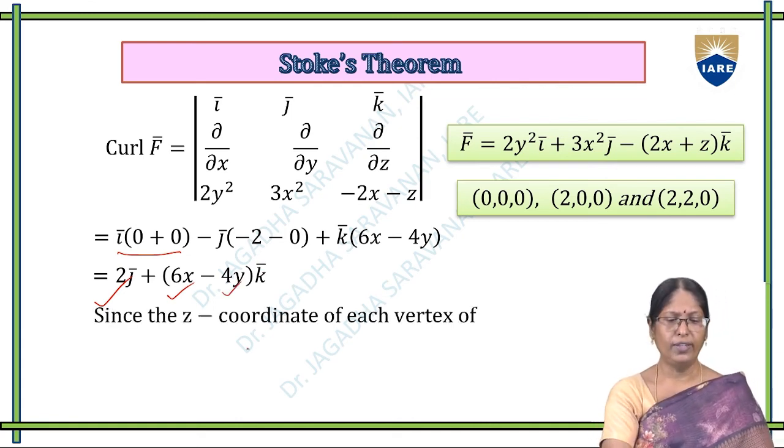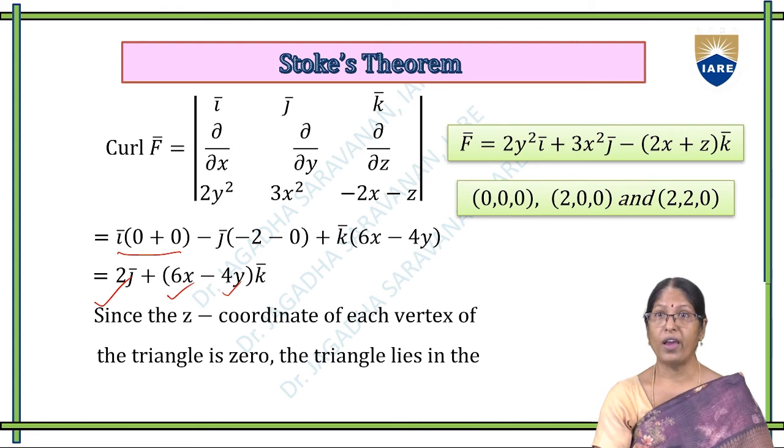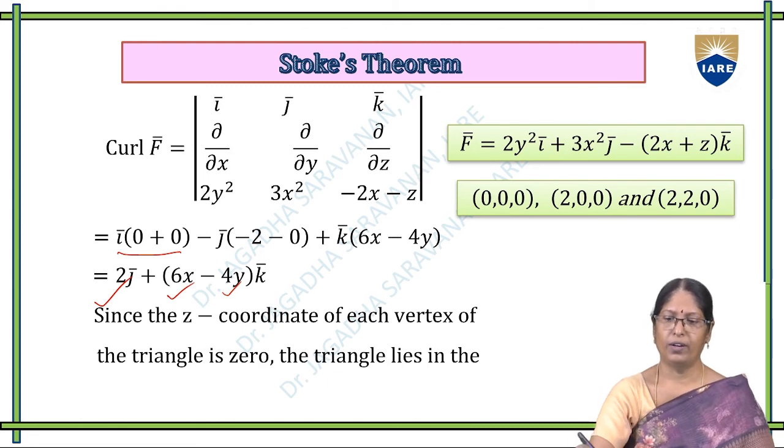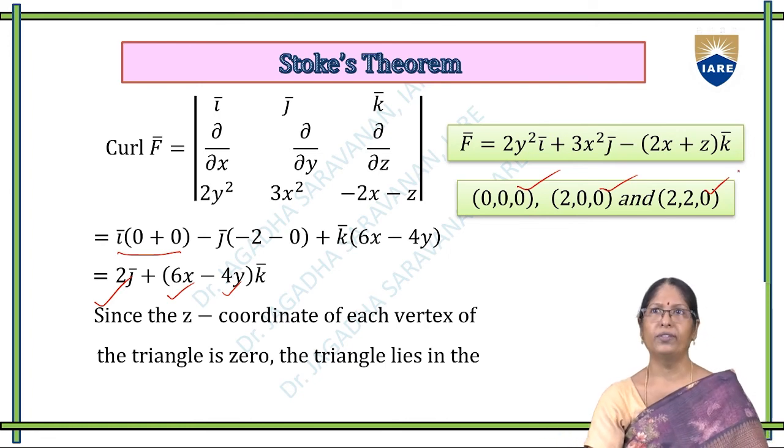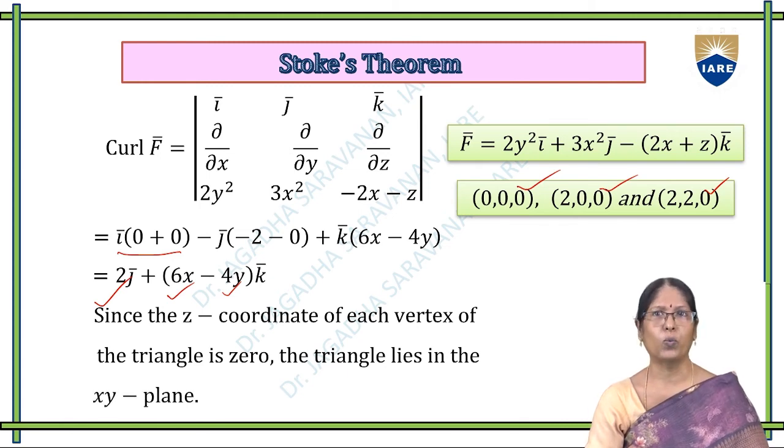Now, since the z coordinate of each vertex of the triangle is 0, as written here, we are noticing that the z coordinate is becoming 0. So the triangle lies in the xy plane.